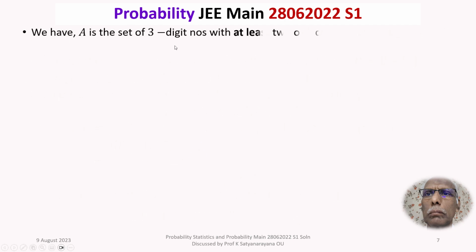So we have A as the set of 3-digit numbers with at least 2 odd digits. Then A will contain 3-digit numbers with all the 3 digits odd, and the other variety is the set of 3-digit numbers with exactly 2 odd digits.